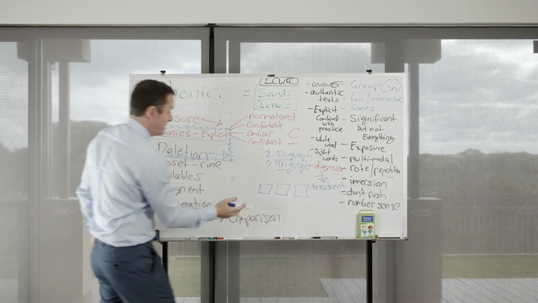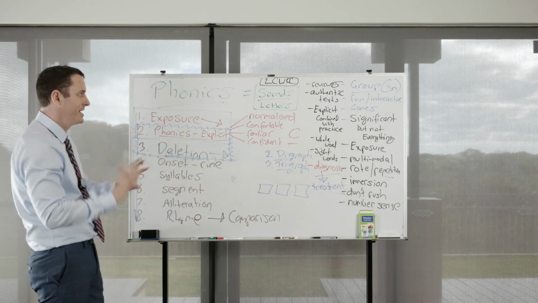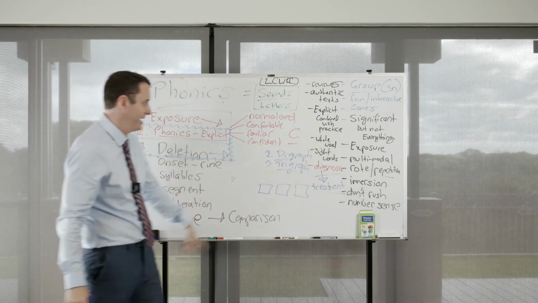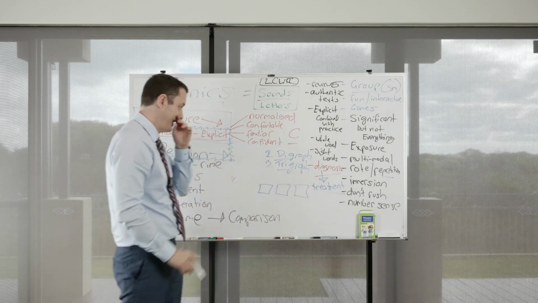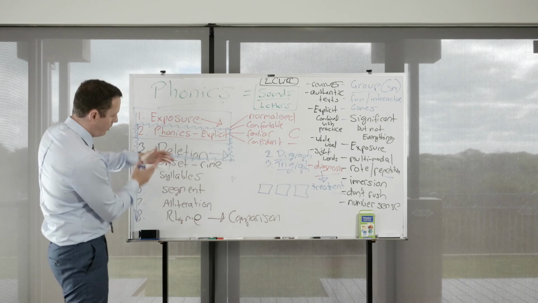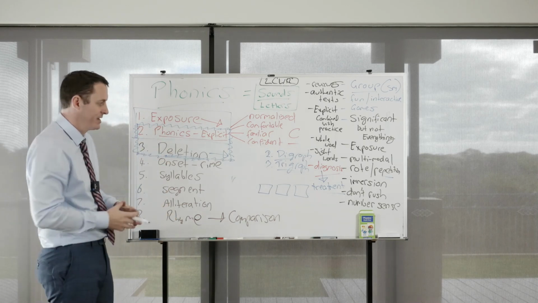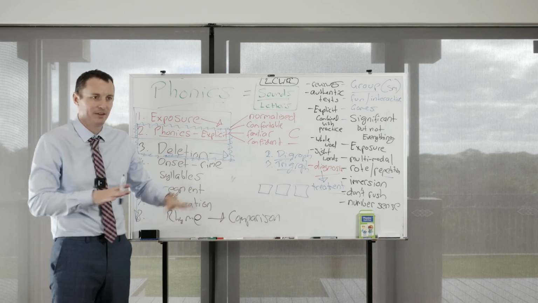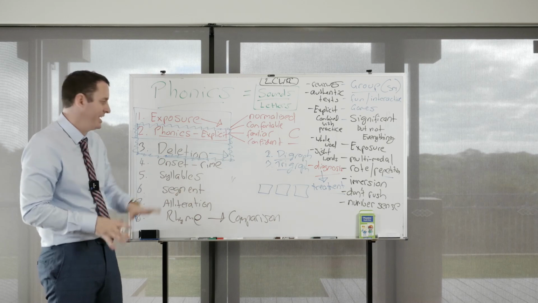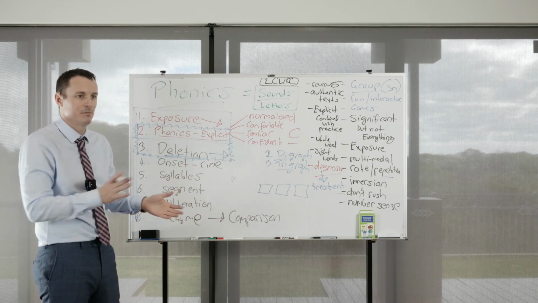Now, deletion, very simple. It just means you can swap things in and out, swap words and letters, swap letters and sounds as well, so your digraphs and trigraphs, not just individual letters. And again, what students are doing here is just playing with sounds and letters. They're manipulating, and they're able to understand how you can move letters in and out and replace them and what effect that has.